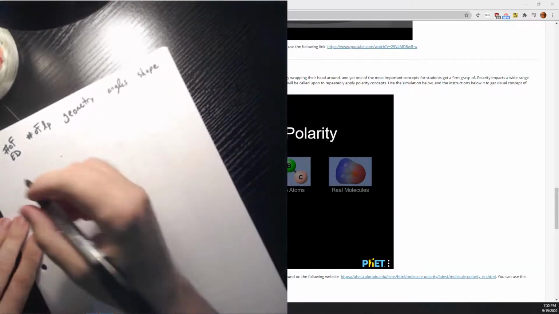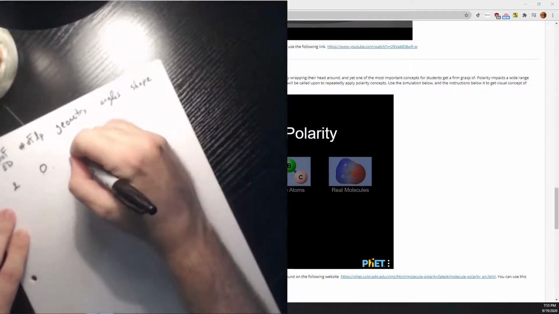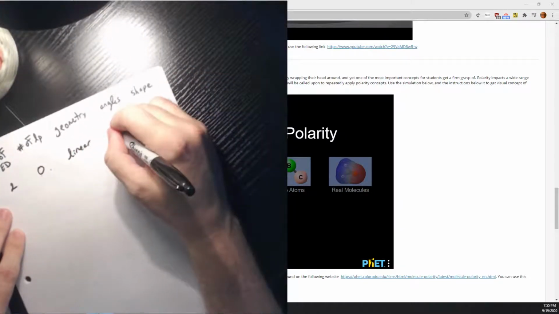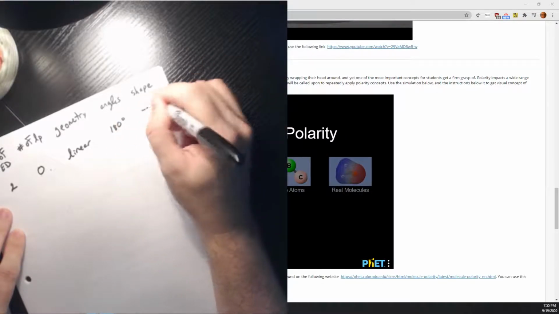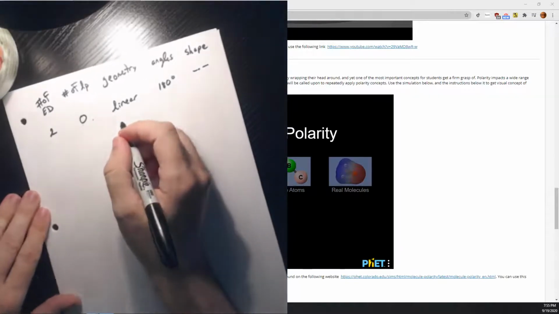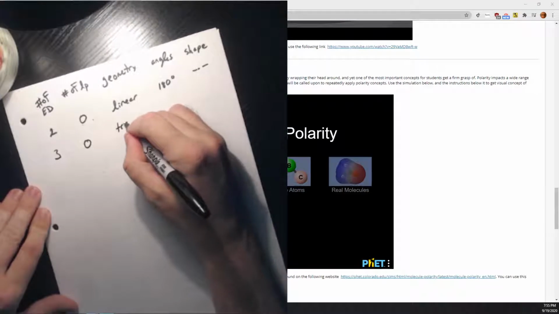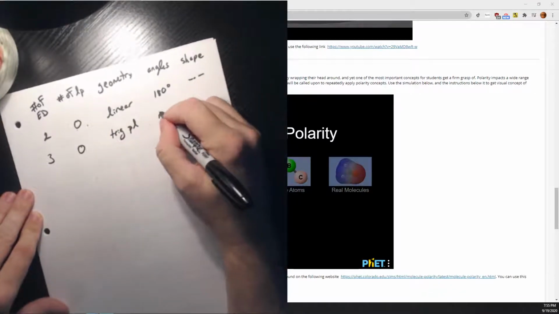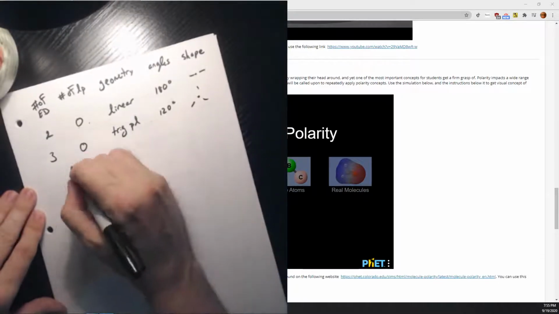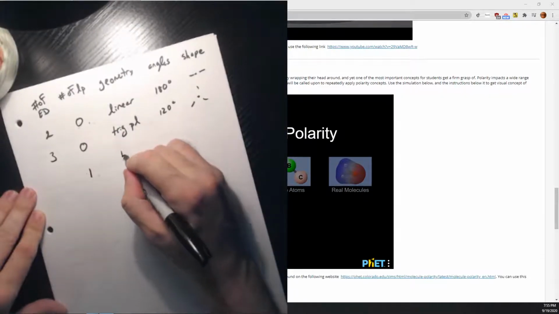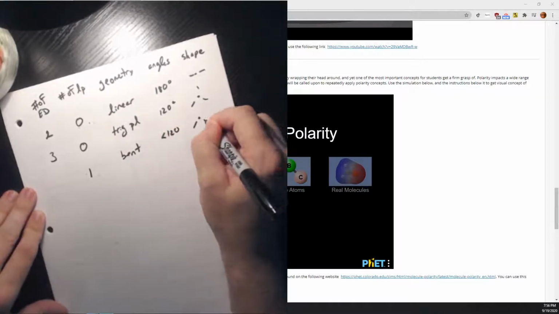Okay, so we have 2 electron domains, 0 lone pairs. That is linear. It has 180 degrees, and it is just that guy right there. 3 and 0 is trigonal planar, 120 degrees. 3 and 1 is bent, less than 120, and it looks like this.